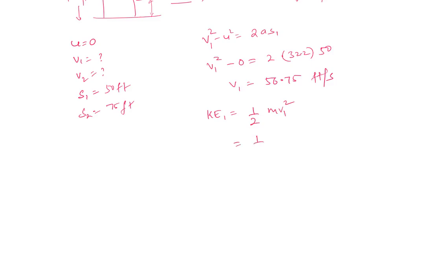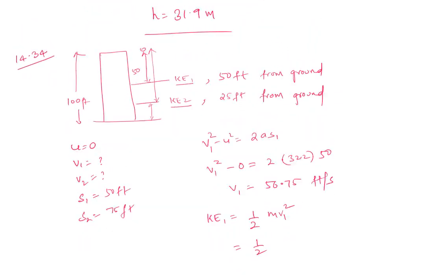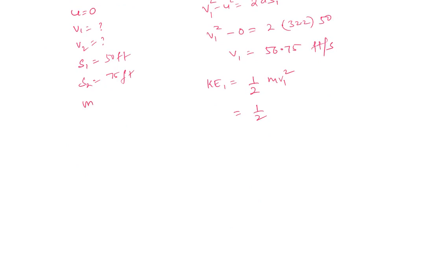Okay, the corresponding kinetic energy KE1 is equal to half m v1 square. Do we know the mass of the ball? Yes, in the problem it was given as, I believe, 32.2. Let me check again. Yeah, 32.2 pound, right? So that's actually the weight of the ball. That means we need to convert it to mass.